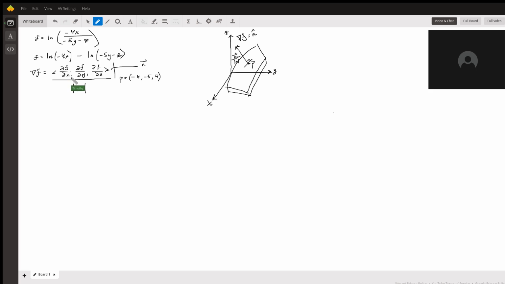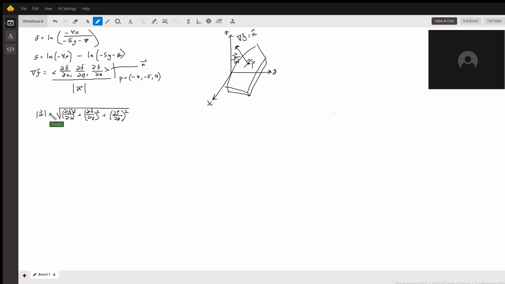Now, to get the magnitude of it, you're just taking the square root of df over dx squared plus df over dy squared plus df over dz squared, all under the square root. And that will bring your whole vector to a length of 1 just by dividing it. This is simply scaling the perpendicular vector.